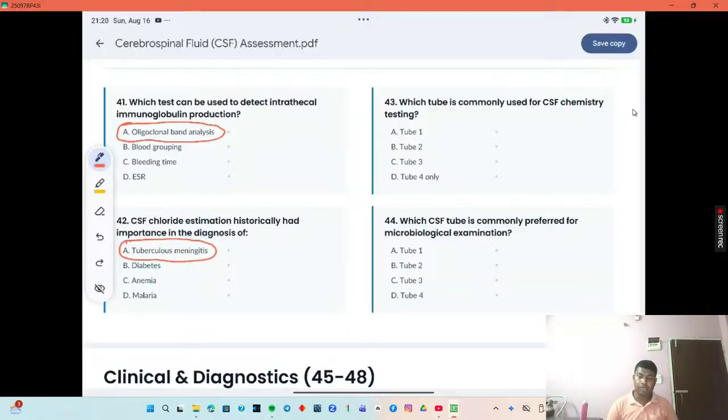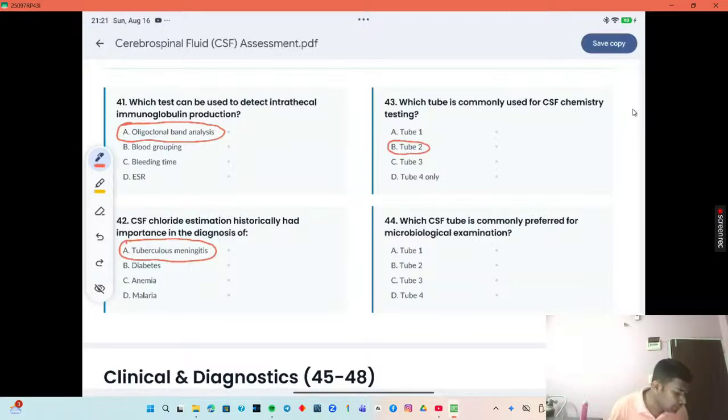Which tube is commonly used for CSF chemistry testing? The right answer of this question will be tube 2. Tube 2 is the tube which is commonly used for CSF chemistry testing. Is it clear? Which CSF tube is commonly preferred for microbiological examination?